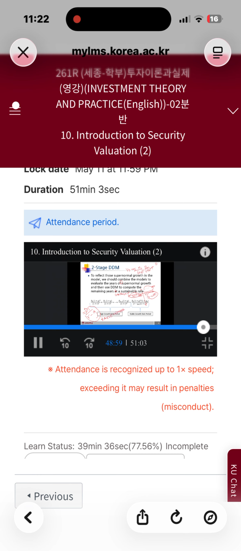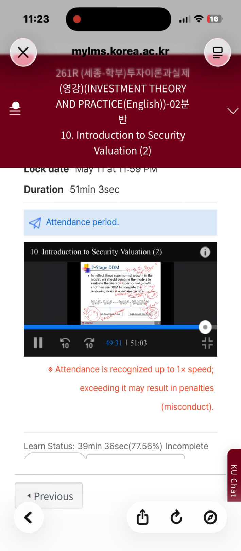But since you have to apply this model from here, the value of the stock at time 2 is equal to the future dividend, which is the dividend at year 3, divided by R minus G. So if you apply this constant growth model, you will estimate the value at time 2.